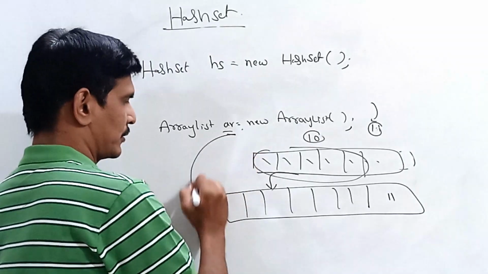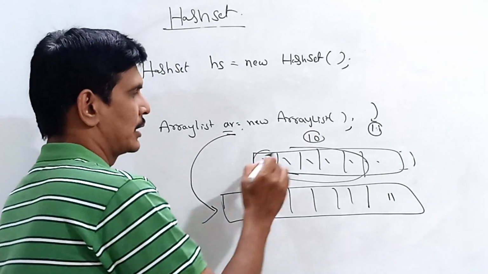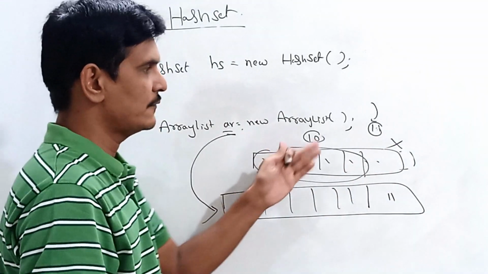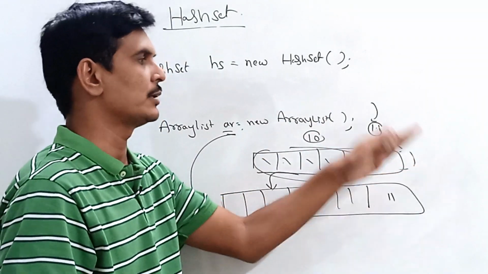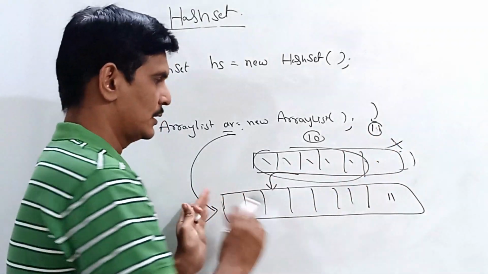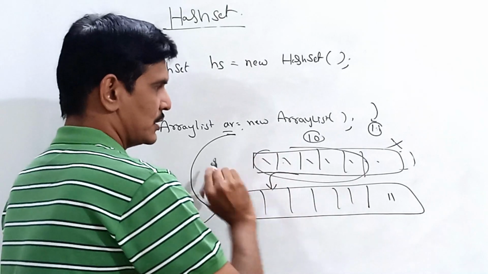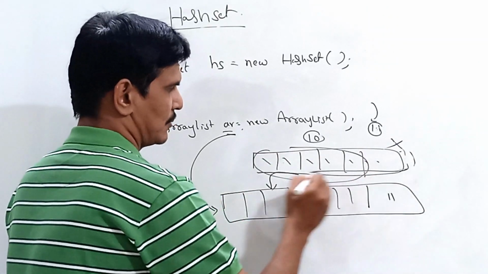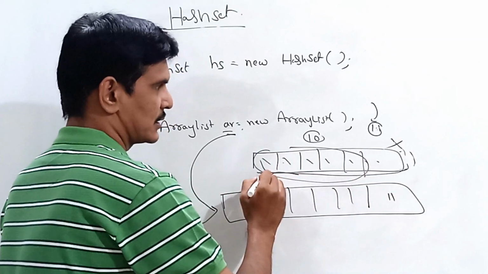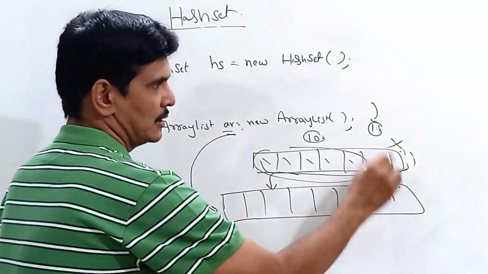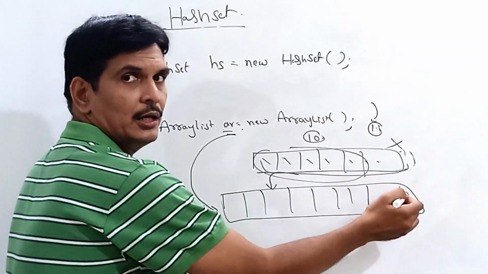This variable now refers to the new object, and the old object will be eligible for garbage collection. Whenever the locations are all filled and the maximum size is reached, it will automatically create a new object and the new elements will be added into the new object.